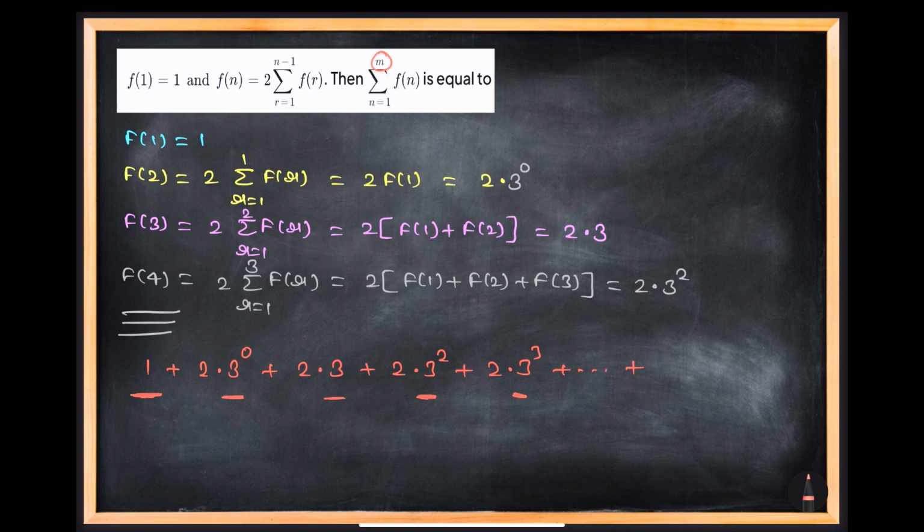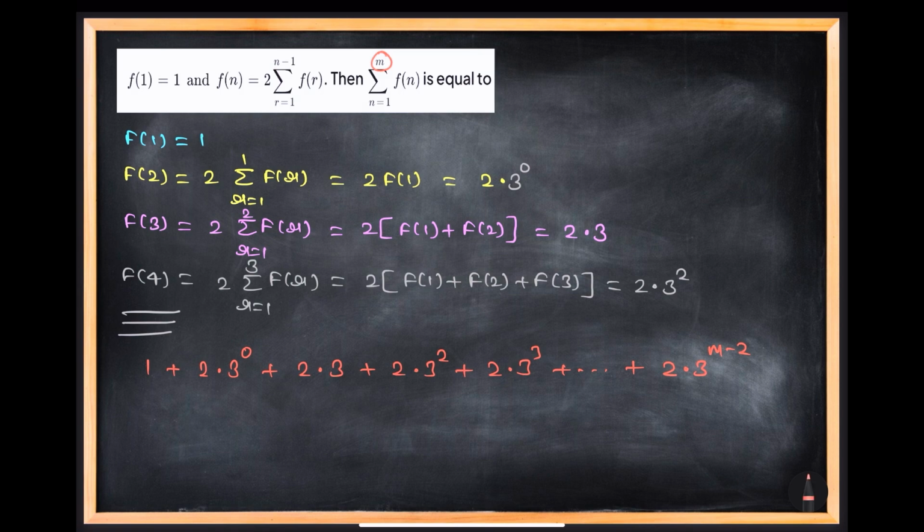So the last element will be what? 2 times 3 power m minus 2. Correct or wrong? Correct now. Because it starts from minus 1, we don't know what this is. So from here it is 0. So after one term it is 0. So we have assumed that before term would be minus 1.